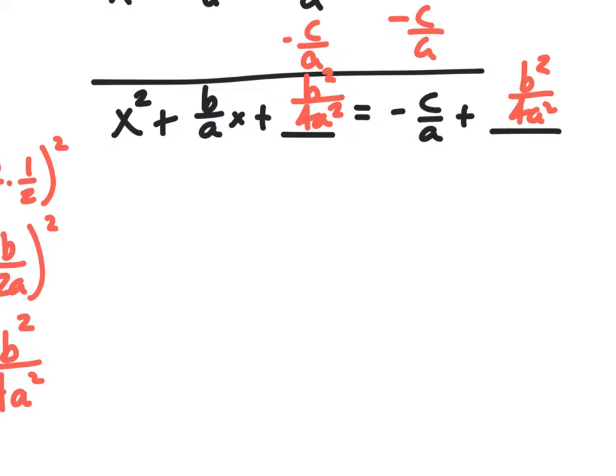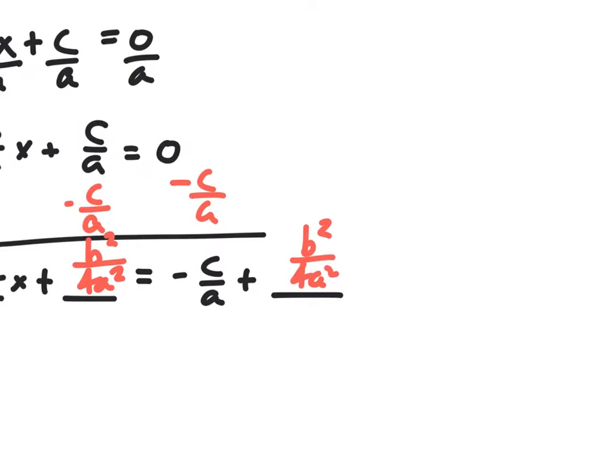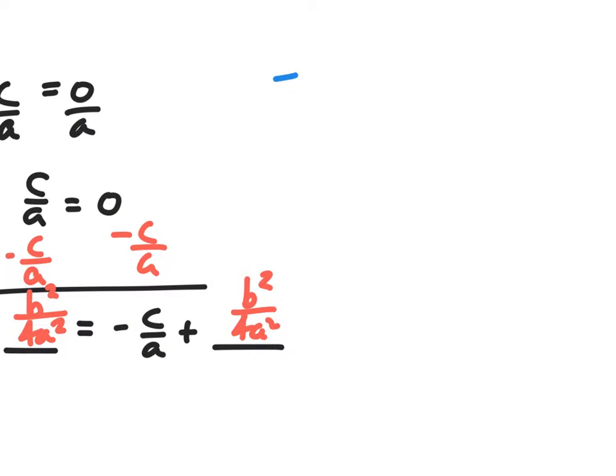Now I want to combine these two numbers. Let me do that up here: negative c over a plus b squared over 4a squared. To get a common denominator, I'd have to multiply this by 4a over 4a.